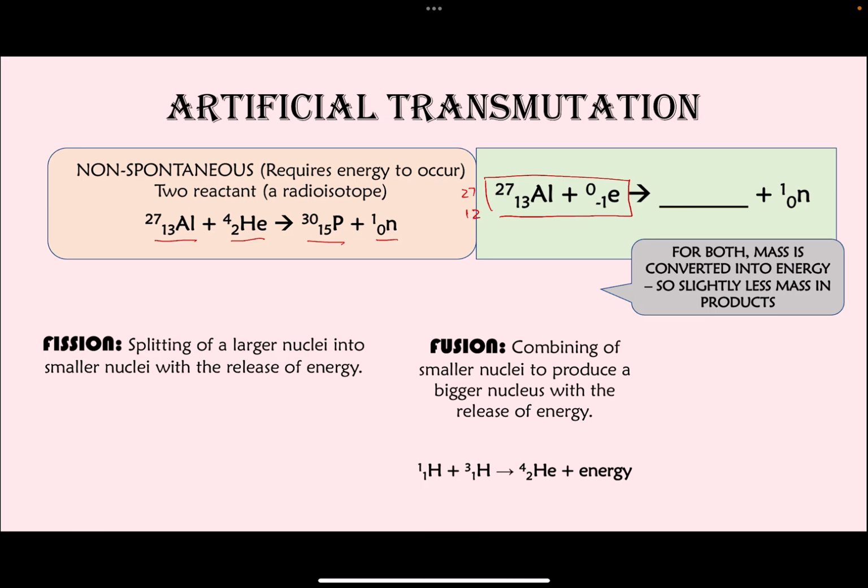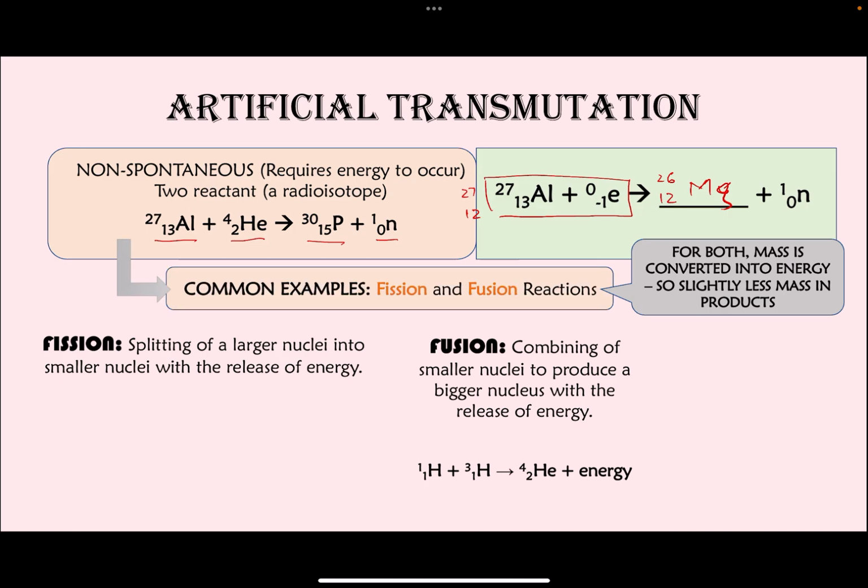So this is the mass and charge that we should have on the other side. 27 minus 1 gives us 26 as the mass of this substance, and then 12 minus 0 gives us 12 as the charge. So you go to your periodic table and figure out which element has the atomic number of 12. That turns out to be magnesium.